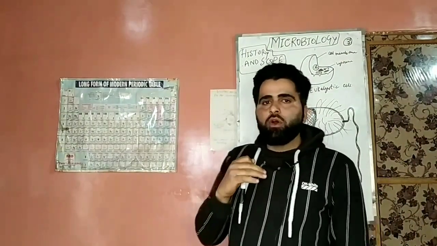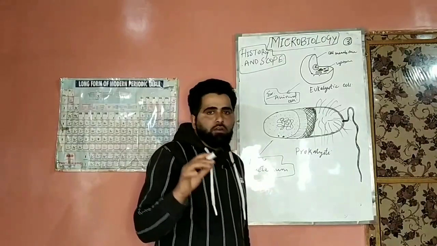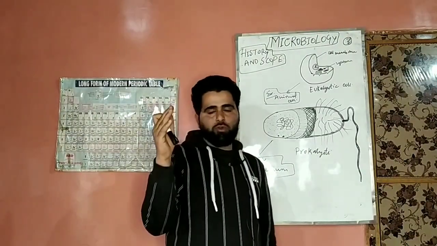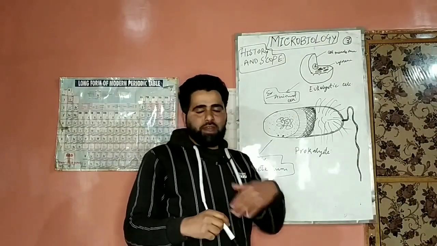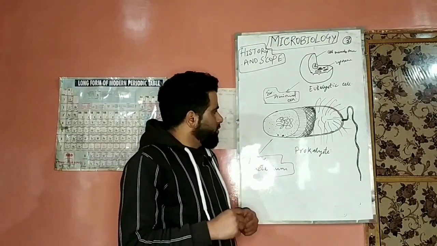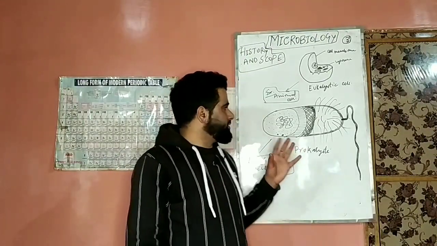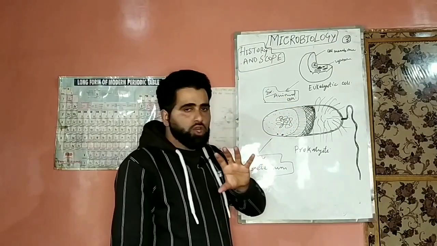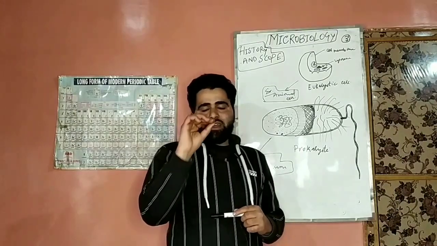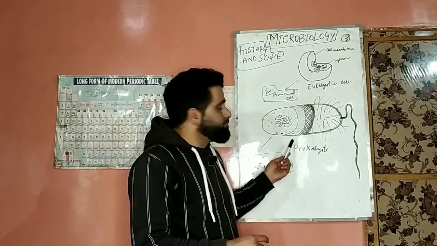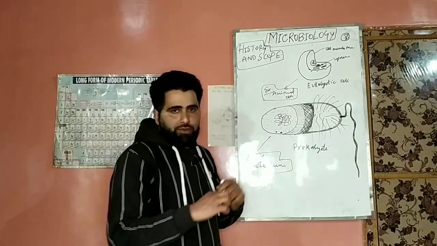In the previous lecture, I told you about the closed floor plan and open floor plan. With the advancement of microscopes, when the researchers and microbial taxonomists studied these two types of cells, eukaryotic and prokaryotic cells, they came to the conclusion that there is an open floor plan in the prokaryotic cell and a closed floor plan in the eukaryotic cell.